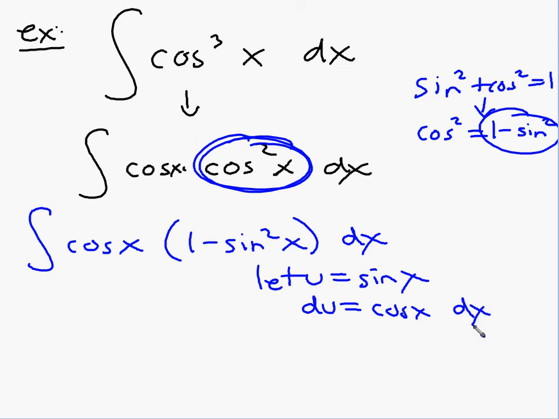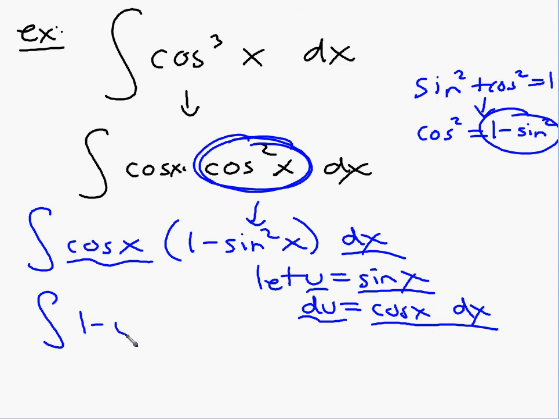And now I can rewrite, so this du is going to take care of this cosine x and this dx. This u is going to take care of this. So look what I've got. I now have just the integral of 1 minus u squared du. Much easier. And now I can integrate that with an antiderivative.